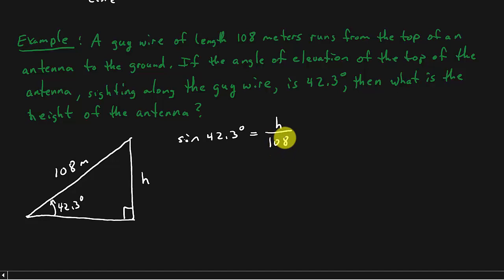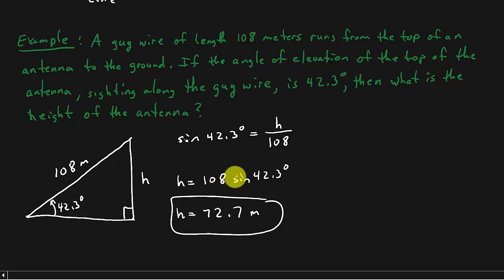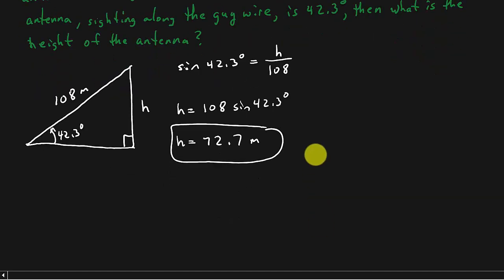And so if we solve for H, H is equal to 108 times sine 42.3 degrees. And so we get the height is 72.7 meters. And you would just punch this into your calculator: 108 times sine 42.3 degrees.